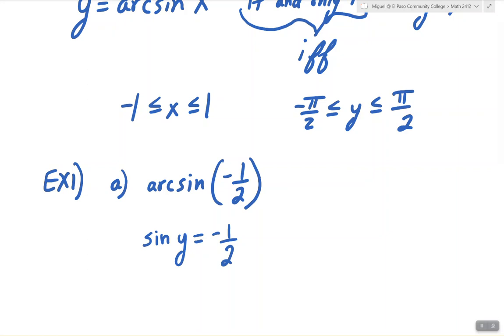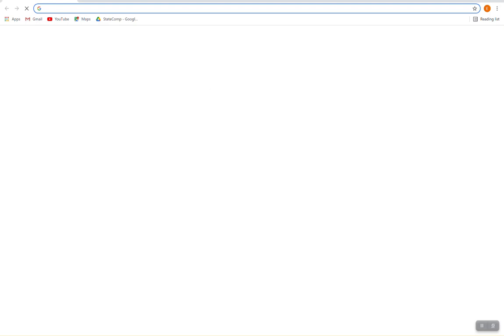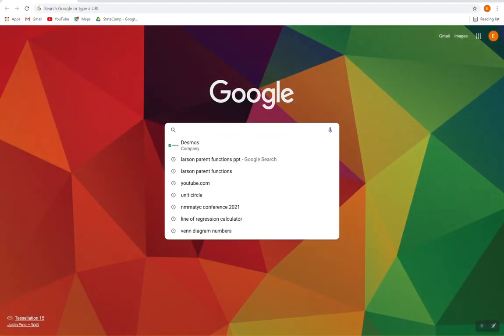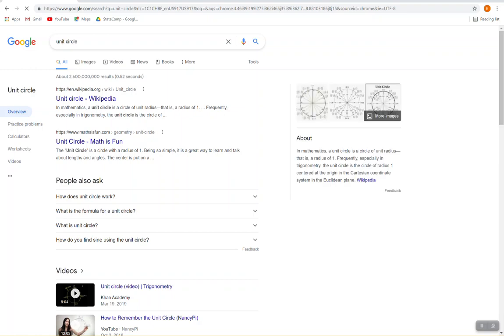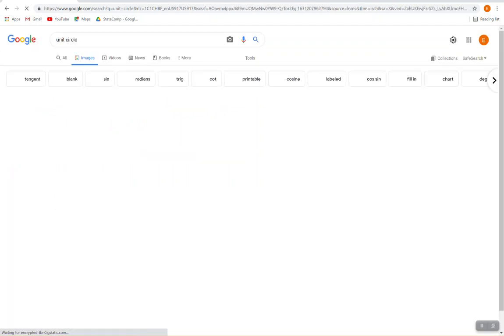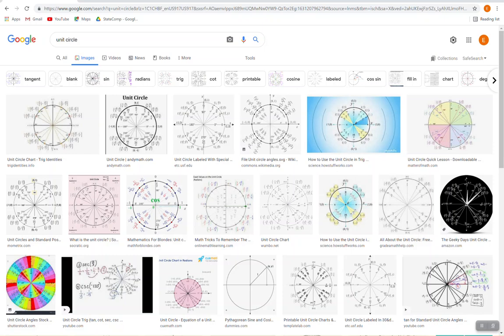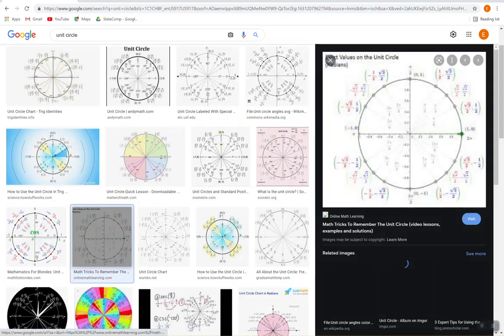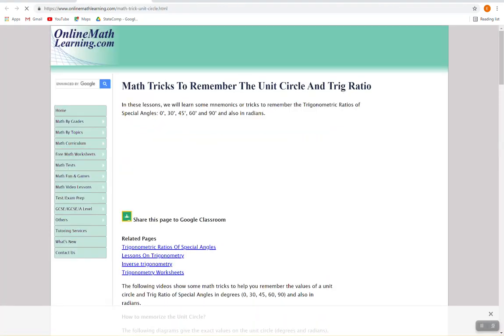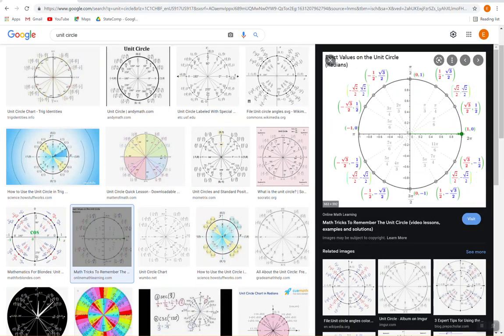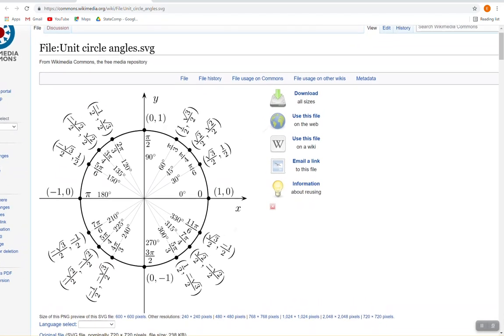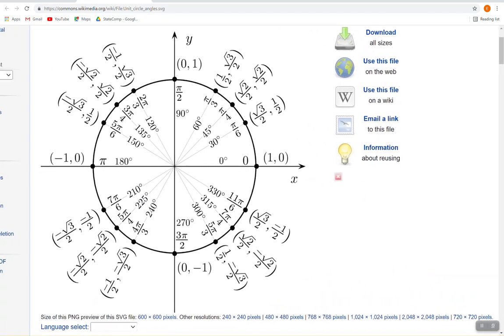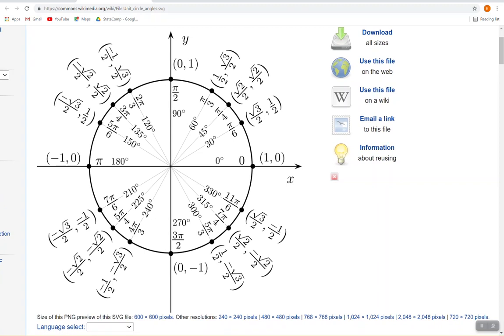Now for sine, if we use a unit circle, what is sine? Is it x or y? Well, sine is y, right?